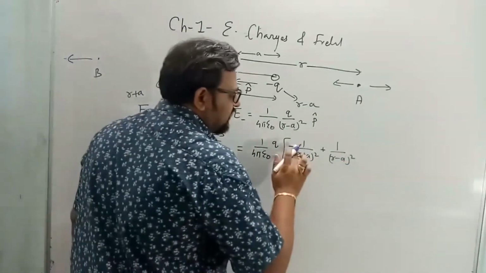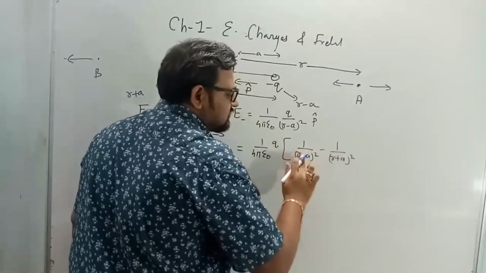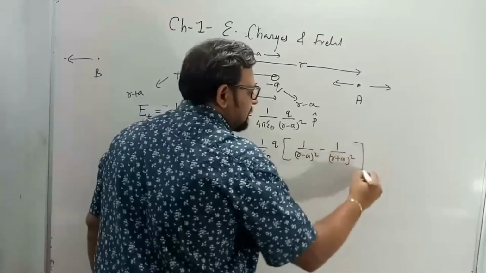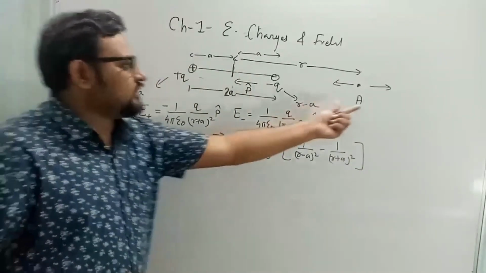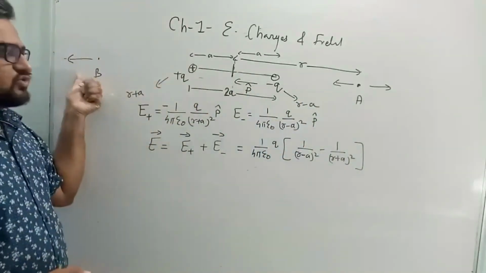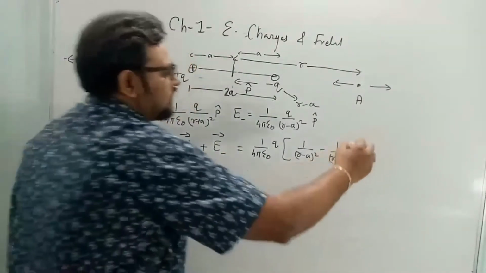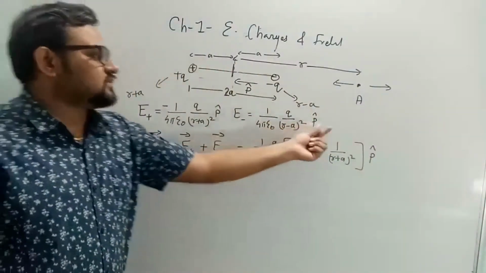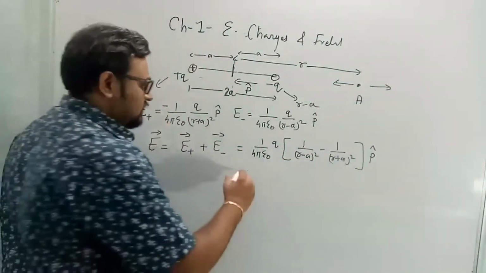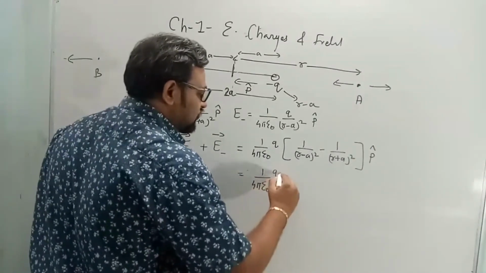So what I am doing, I am taking this minus here and adding up here plus, and here minus. Okay? So actually the point is given on this side, so it will be here plus and here minus. Now what is the direction? p. Both are having the direction p. Okay? So 1 by 4 pi epsilon 0 q.